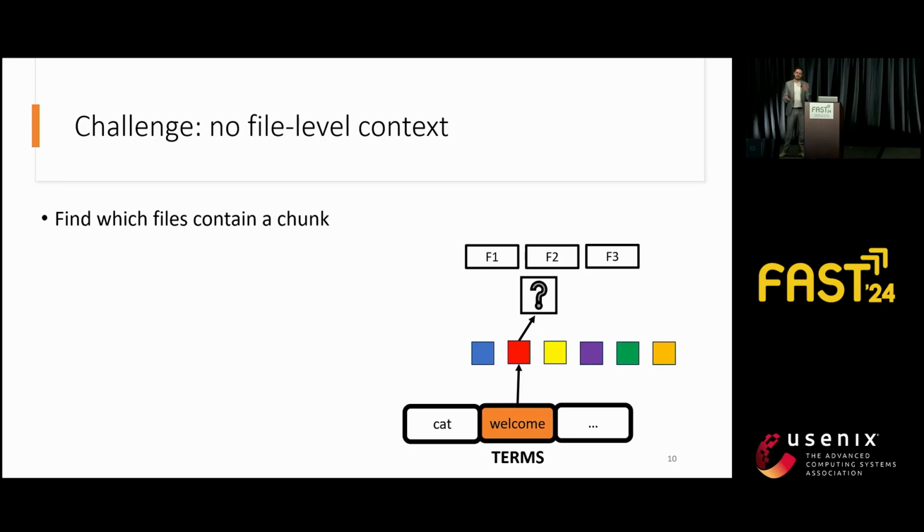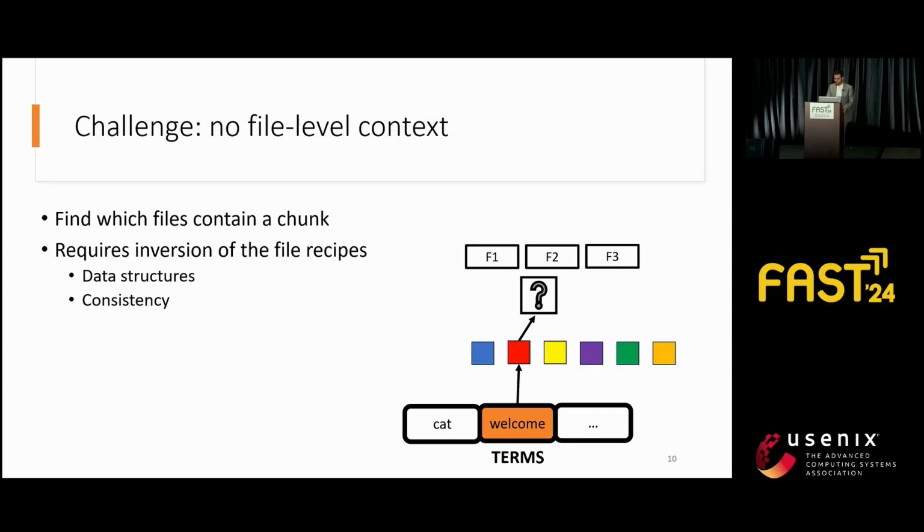We need some kind of map, some kind of way to invert that direction. So we need to go through the file recipes and realize which chunk is contained in which file. It requires creating a data structure, and if a chunk is added to the system, it needs to be consistent. What if a file is deleted, and so on. So that's another challenge that we had.